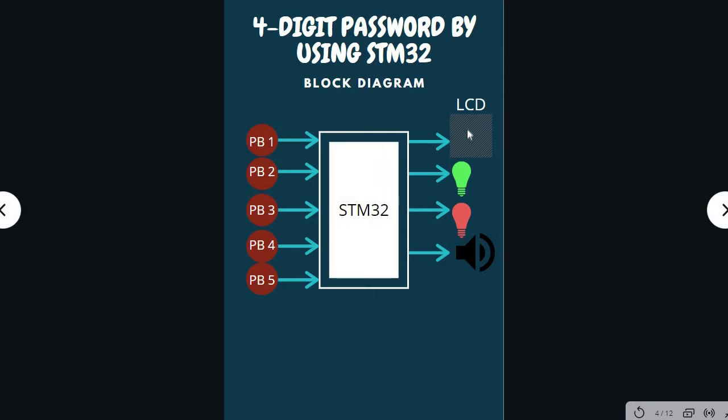For example, if the password is right, the green LED will turn on. But when the user puts the wrong password 3 times, the red LED will turn on. Then the buzzer will trigger.